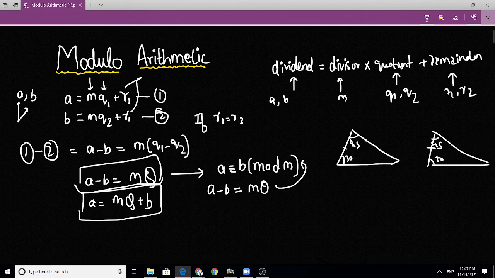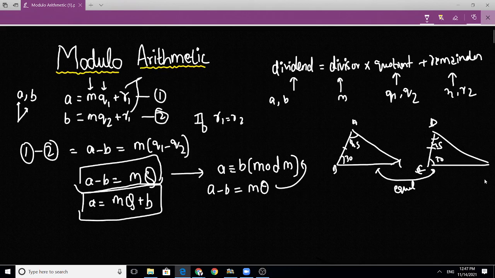I say that with ASA congruency both of these are equal. If I name the triangles ABC and DEF, I say that triangle ABC is congruent to triangle DEF.